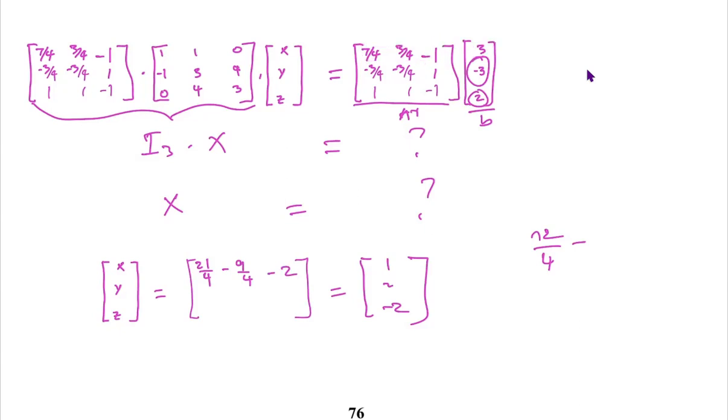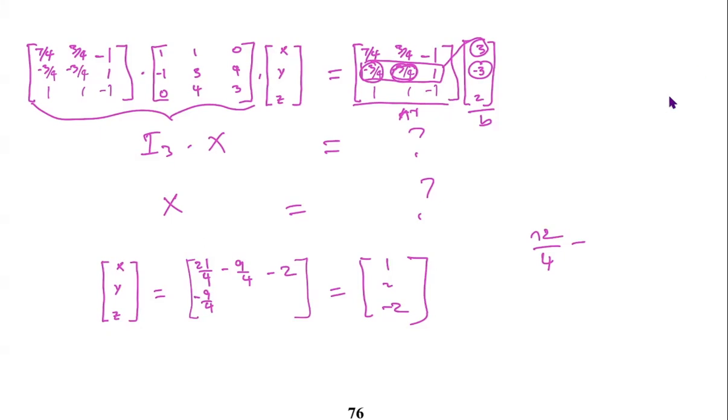Let's work in a similar fashion with the second row. We multiply the first one, negative 3/4, by positive 3. So that's negative 9/4. Then negative 3/4 times negative 3, that's positive 9/4.